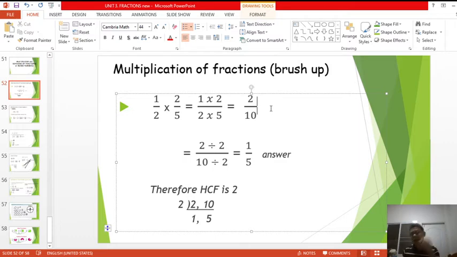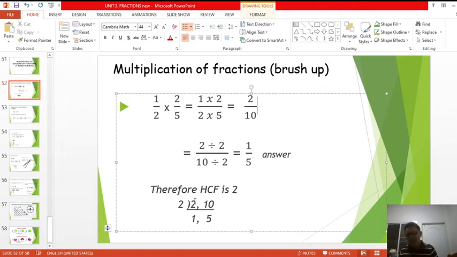I already taught this in our previous videos, so this may just be for you to remember. The first thing is to find the HCF of the numerator and the denominator. Look at this, 2 and 10.